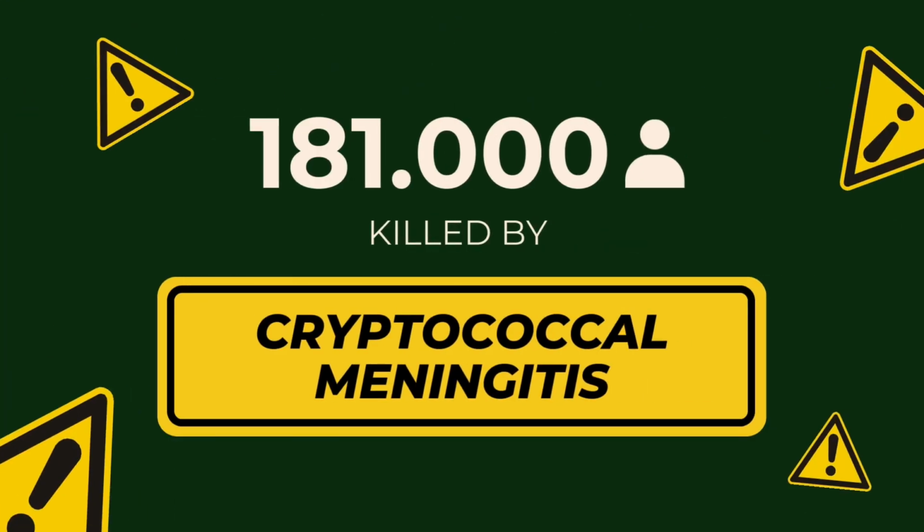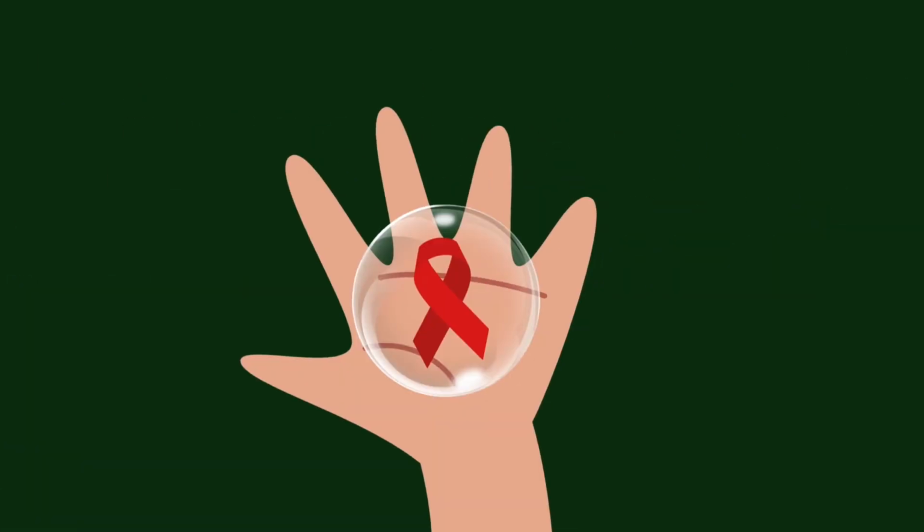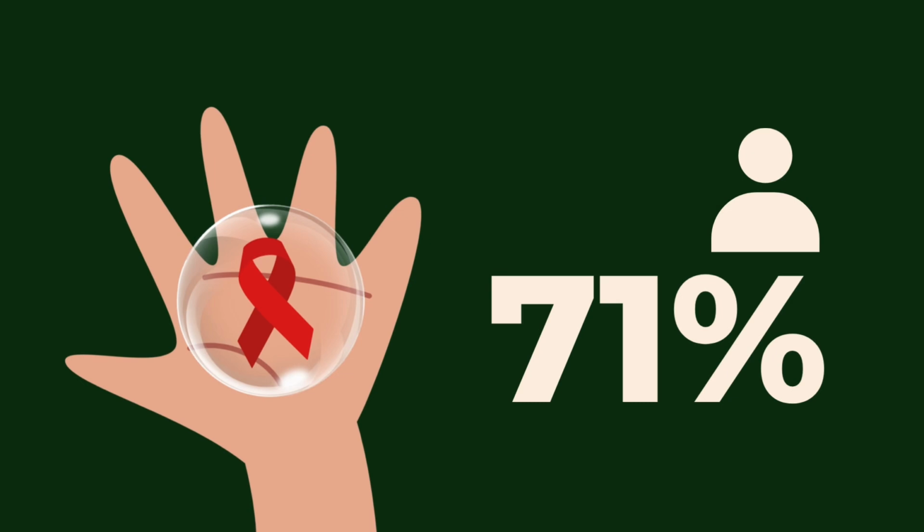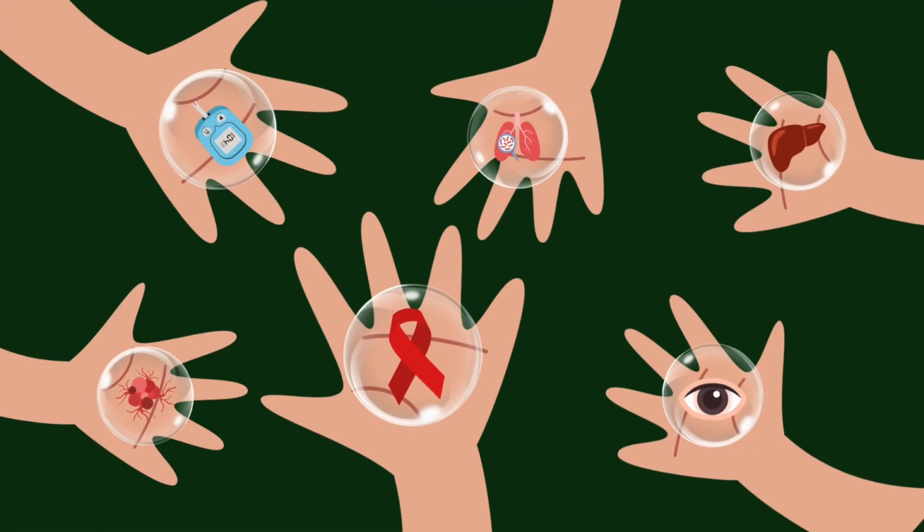Cryptococcal meningitis, CM, is a severe form of cryptococcosis, causing an estimated 181,000 deaths each year globally. The infection predominantly affects immunocompromised patients, especially those with HIV/AIDS. In HIV/AIDS patients, cryptococcal fungemia prevalence ranges from 27% to 71% depending on the population studied.